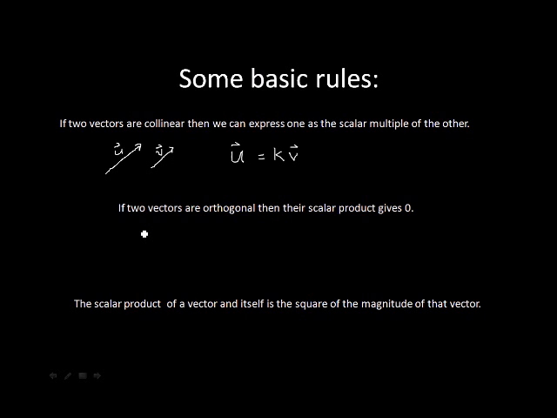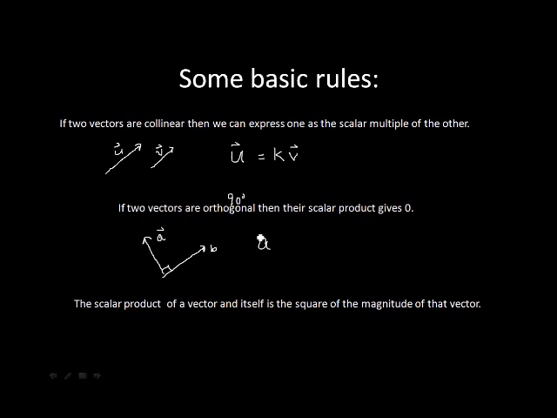Another thing we have to know is that if two vectors are orthogonal, perpendicular, right, 90 degrees, then their scalar product gives 0. So here's, let's say, vector A, and let's say here's vector B. They're 90 degrees with respect to each other.